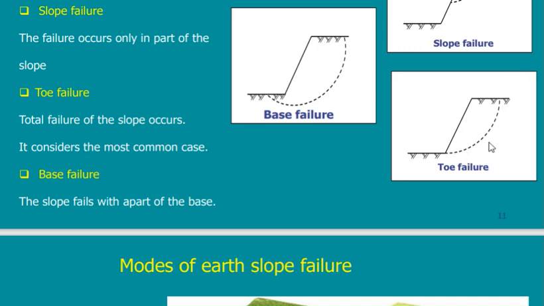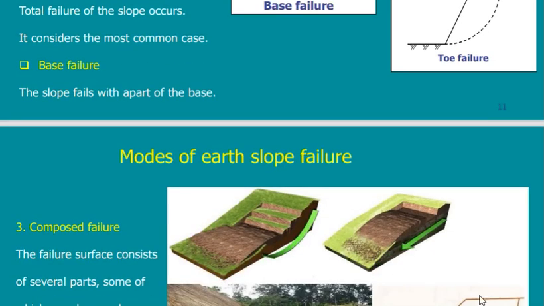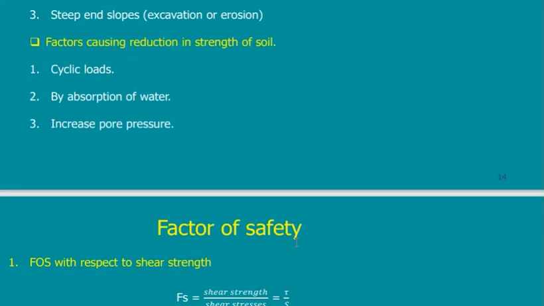So there is a moment also, because if you have a force in one direction and a force in the other direction, take the center where this failure will happen, and multiply each force by its arm to get the factor of safety with respect to moment.